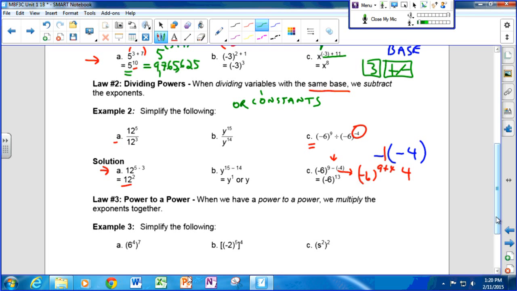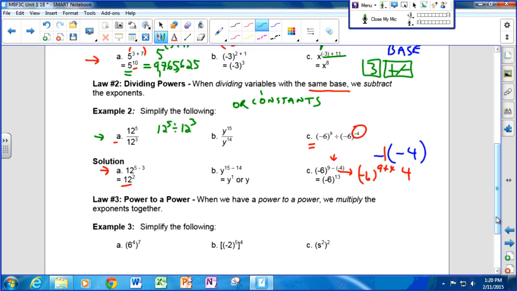Okay, so they're giving us the example, and doing it in fraction notation, but it would be just as valid if it was 12 to the power 5 divided by 12 to the power 3. That's exactly the same thing. So for example 2a, we have 12 to the power 5 divided by 12 to the power 3. We're just going to subtract them.